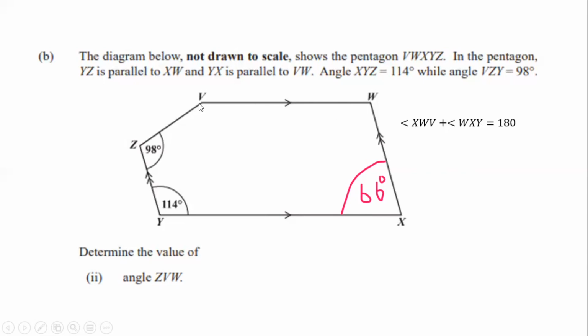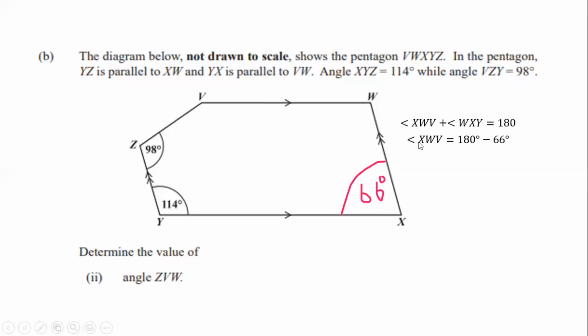Remember, the parallel lines VW and YX are being cut by this transversal, which means these two angles add up to 180 degrees. We know angle WXY is 66 degrees.